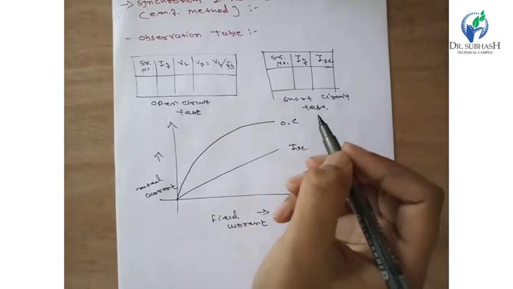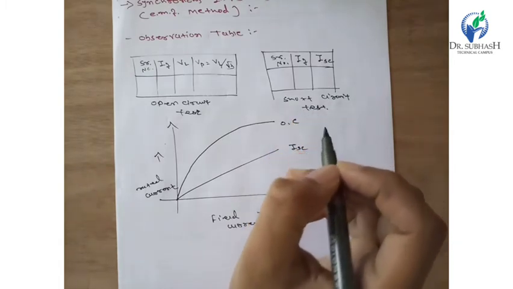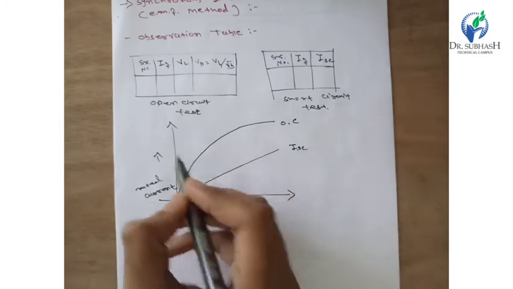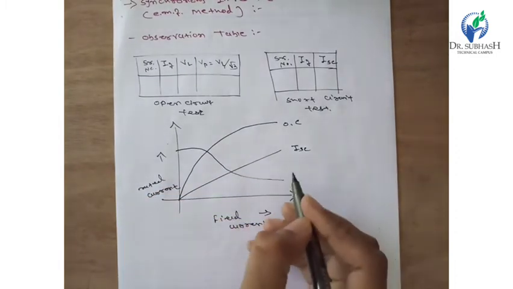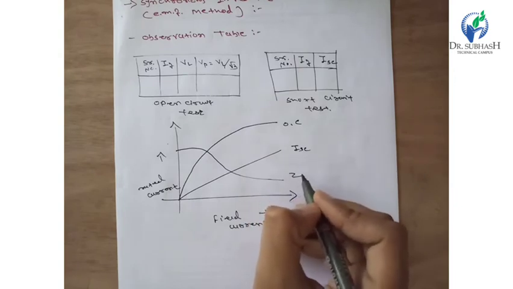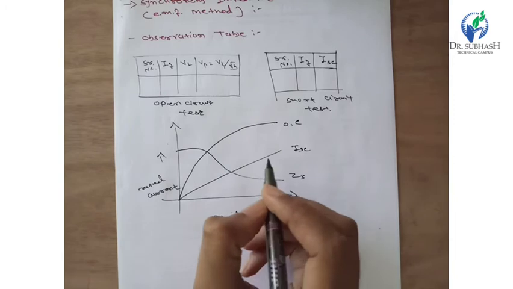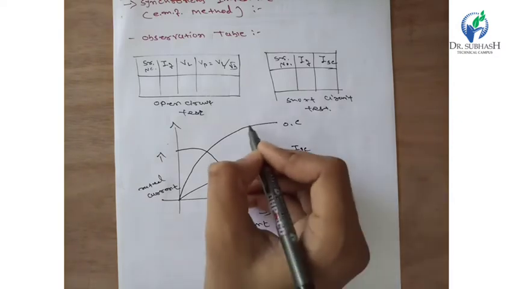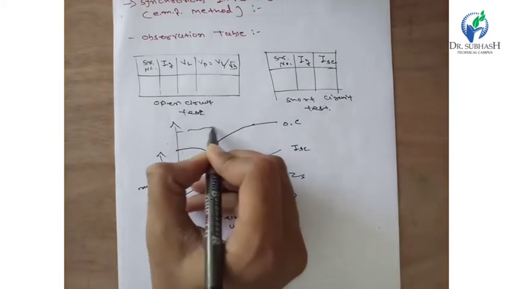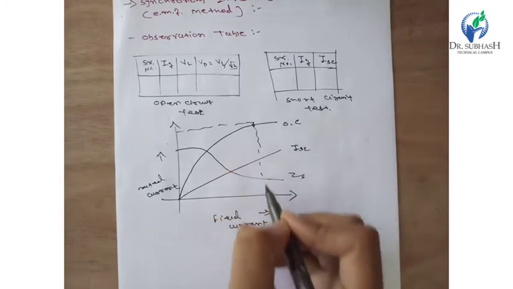The total value of the impedance, using the open circuit and short circuit currents, is known as ZS. The terminal voltage of this point is represented in this direction.